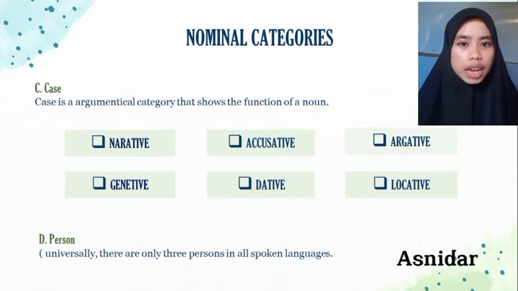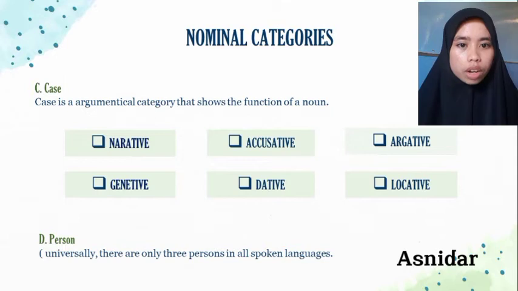The case, a grammatical category that shows the function of a noun or noun phrase in a sentence. The form of the noun or noun phrase changes to show the different functions or cases. 1. Nominative.